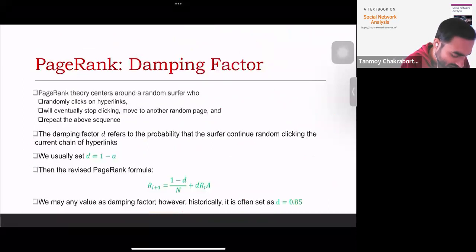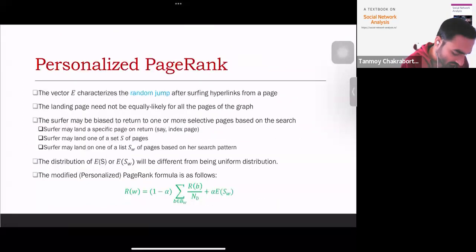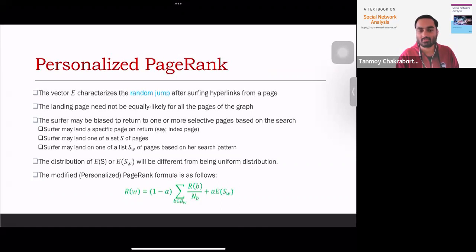Okay. Now here, another interesting trick you can do. In the teleportation probability 1 by n, I mentioned that we assumed all the nodes are equally likely. Okay, so in some cases, you may want that I don't want all the nodes to be equally likely.